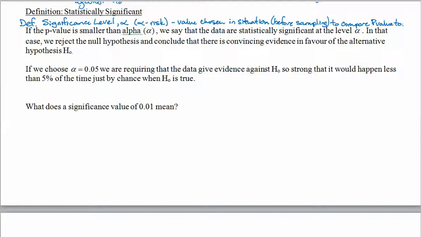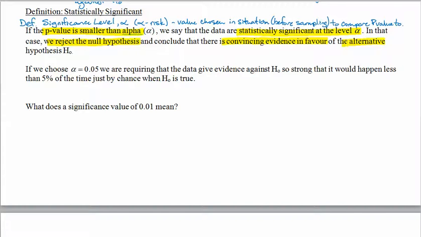So if the p-value is smaller than alpha, smaller than the significance level, we say that the data are statistically significant at the level alpha. In that case, we reject the null hypothesis and conclude there is convincing evidence in favor of the alternative.